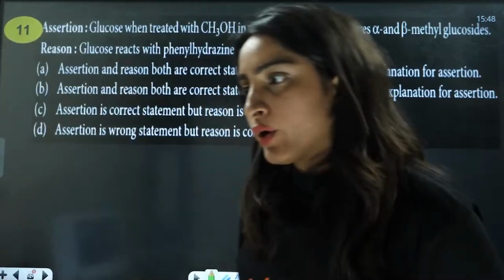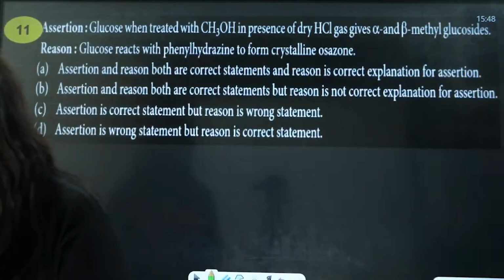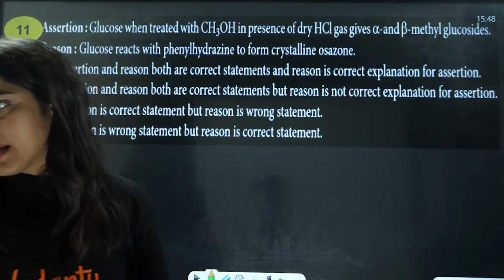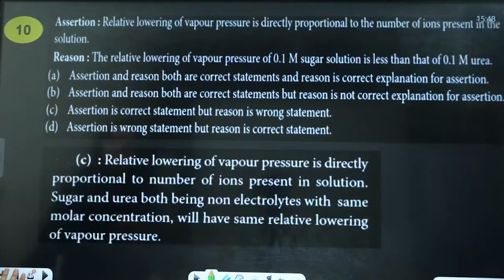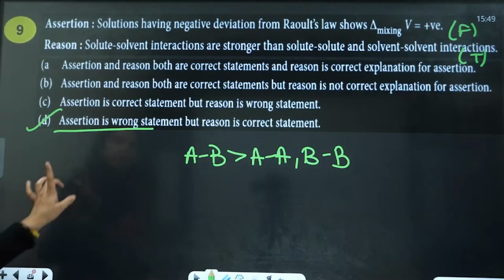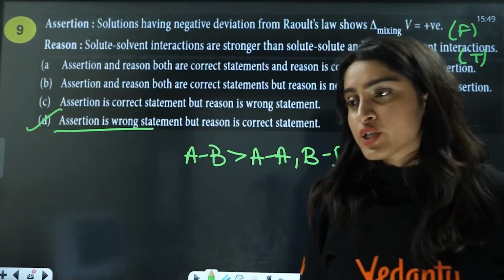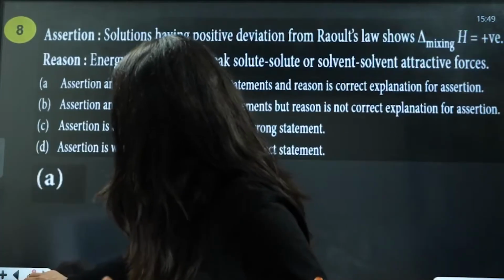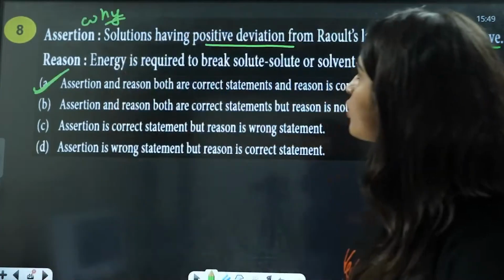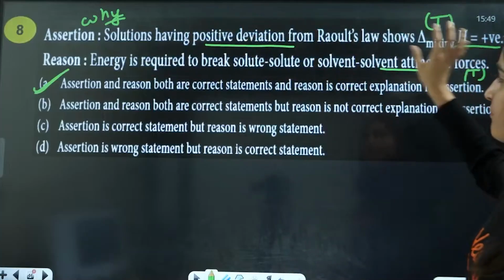Next we have, very good. Okay, bacha, reason is not correct explanation for, but the reason is not correct. Which one, beta? Which one are you talking about? This one? Are you talking about this question? Which question are you talking about? No, this is the correct one. Why do solutions show positive deviation?